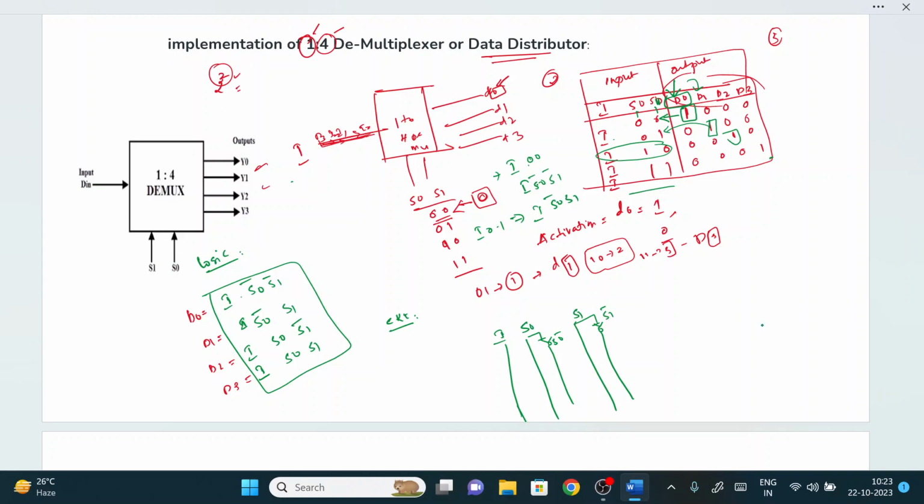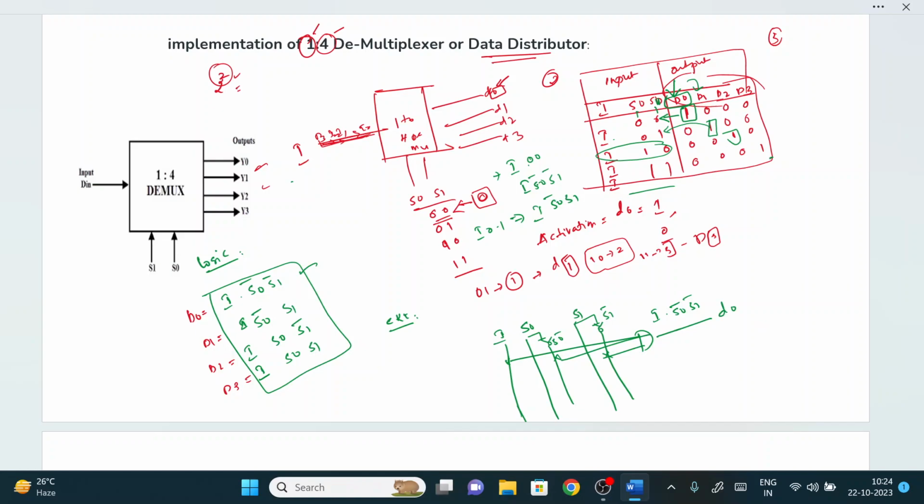We are not considering a complement for I, because we don't have any I bar. What is the first expression? I into S0 bar S1 bar, which logic gate? AND gate. So this is the output for D0.